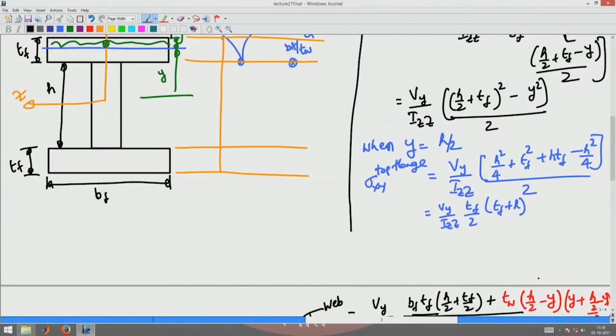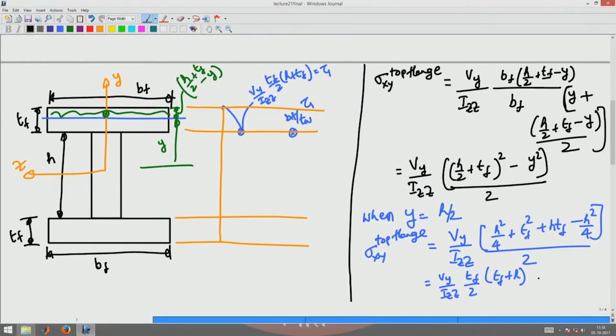Okay. So, this increases from here to some value here, that say that is tau 2.